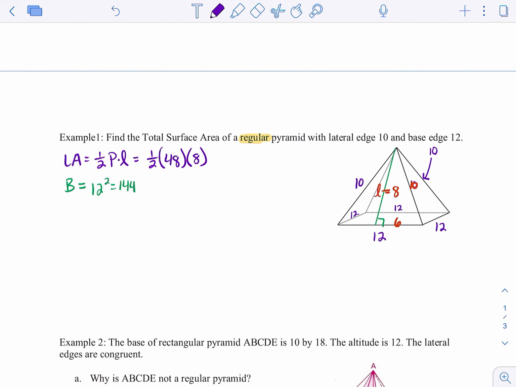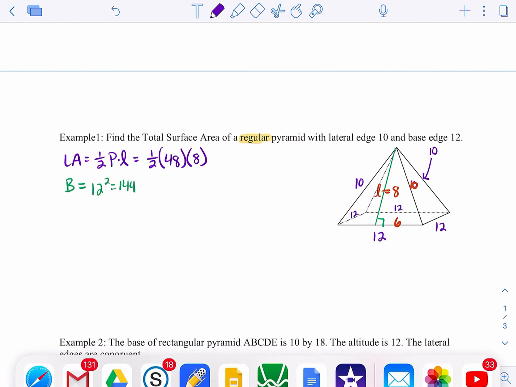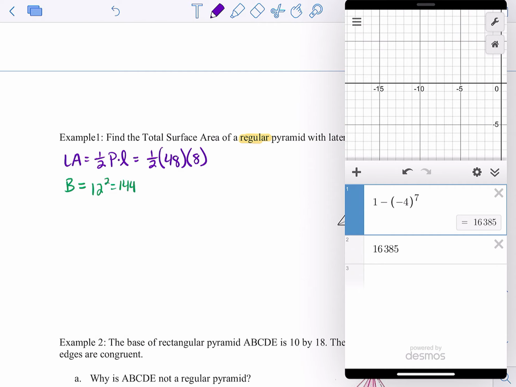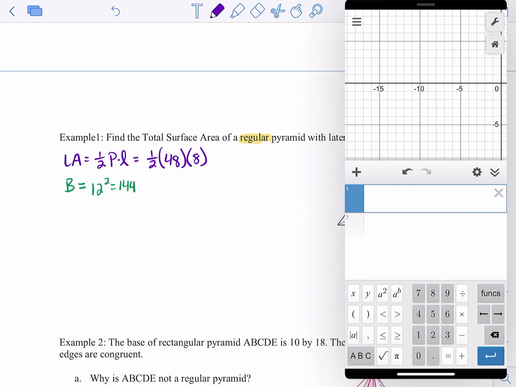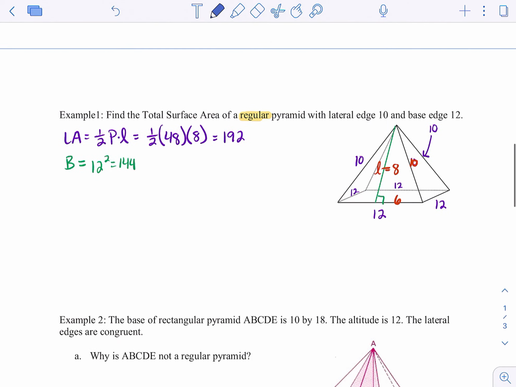So it's half of 48 times 8. And let's go ahead and see what we got there. So it gives us 48 times 8 divided by 2, and that gives us 192. So when it says total surface area, then we need to add in our base together.